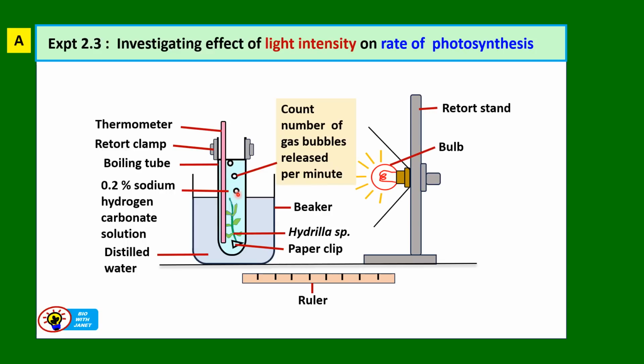Okay, after that, you repeat the experiment to get 2 readings and then obtain an average reading for the number of gas bubbles released per minute. Okay, now once you are done with this first part of the experiment, where the distance between Hydrilla species and the light bulb is 10 cm, then you are ready to go on to the next manipulated variable.